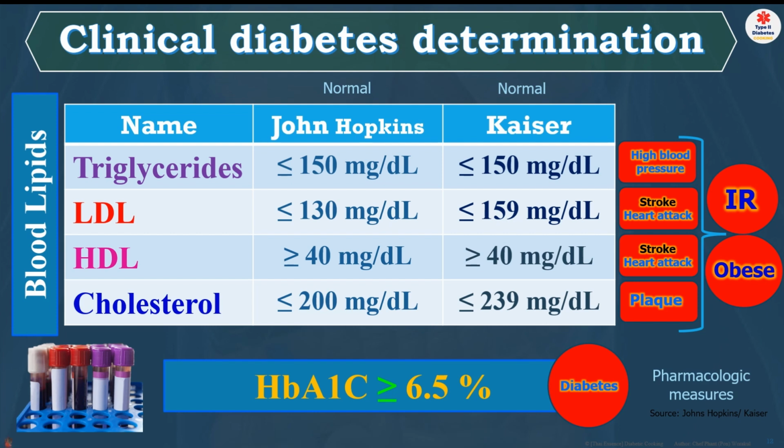Like at Johns Hopkins and Kaiser, this is the normal range that they use. In comparison, Kaiser is a little bit higher in LDL, but I don't know what kind of engineering data they use or how they do the calculation. They don't tell.